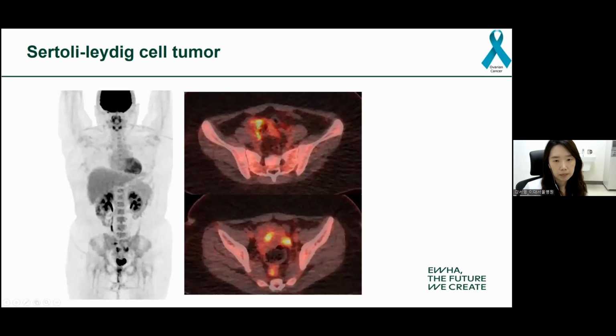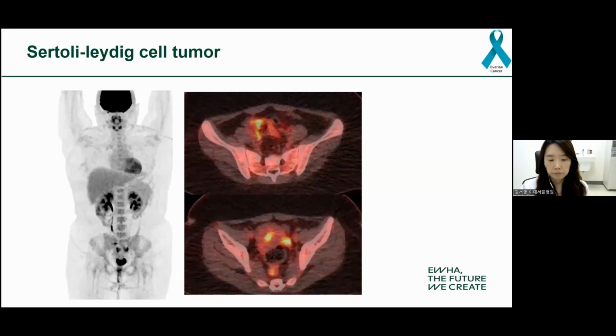And the other case, yeah, this is also a little bit interesting for me. Actually, it's our hospital case. Here are several hypermetabolic lesions in the pelvic cavity, in the adnexa, and in the uterine cavity. At first we concluded a high possibility of physiologic uptake in the uterus and both ovaries.